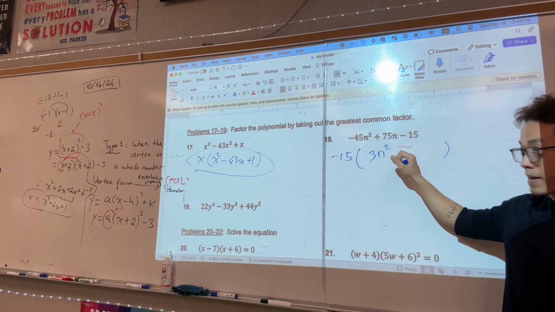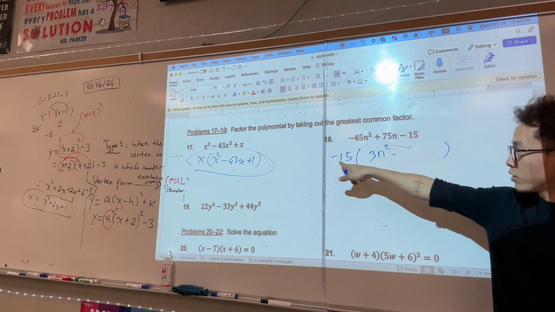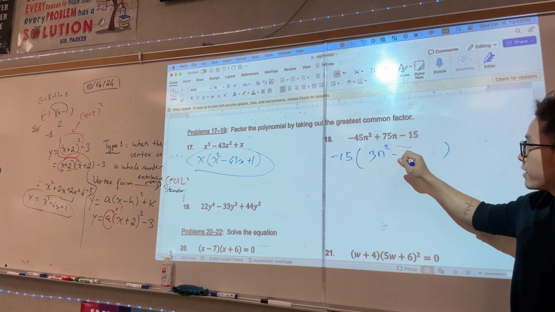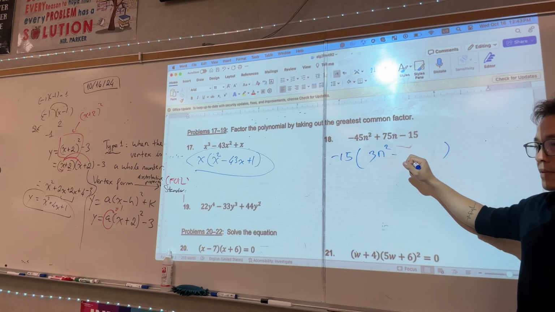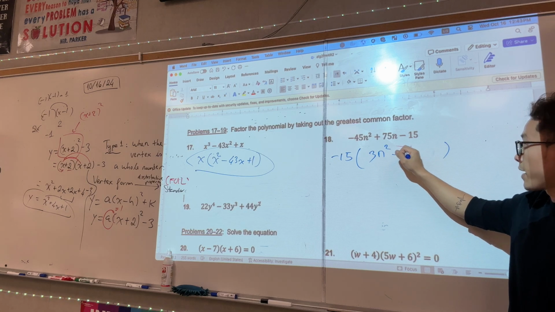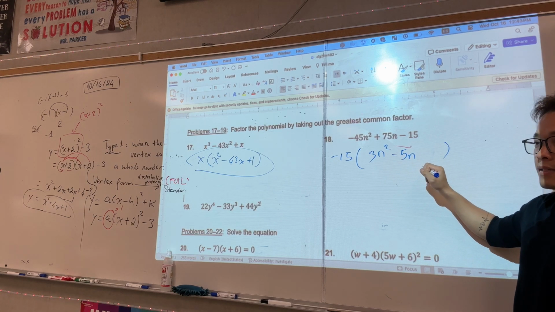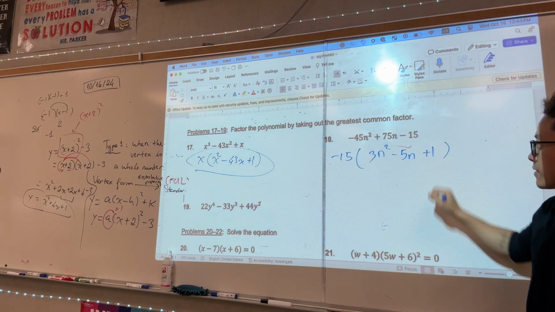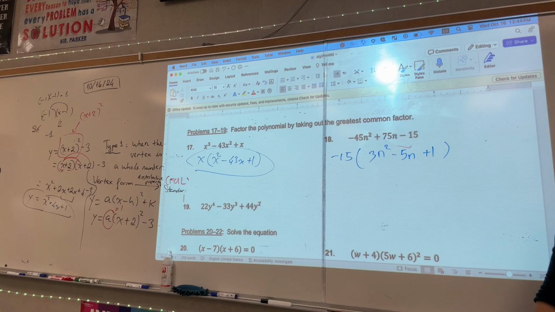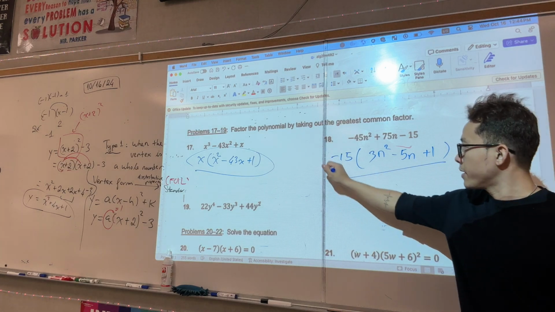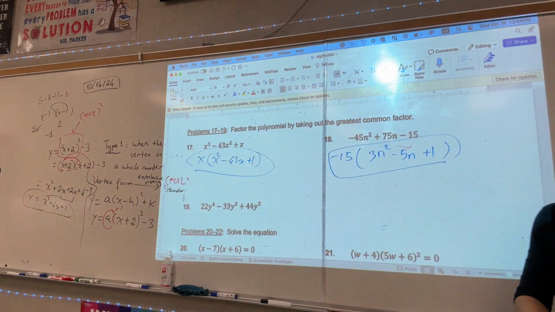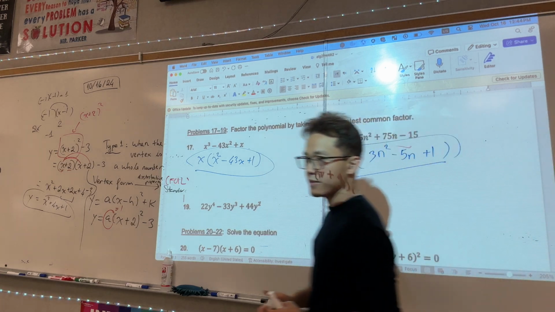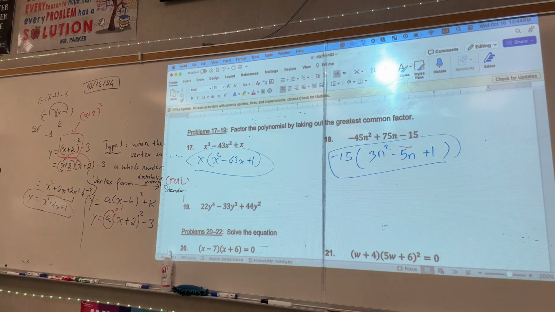Minus. Okay, you need to flip all the signs because you took out the negative. Minus what? 5n, plus 1. Okay? It can be tricky for the negative. You need to flip all the signs. That's it. One line answer. 2 points.